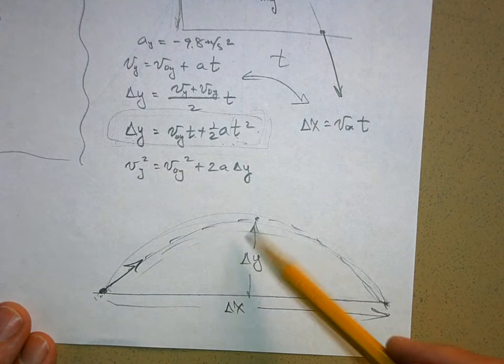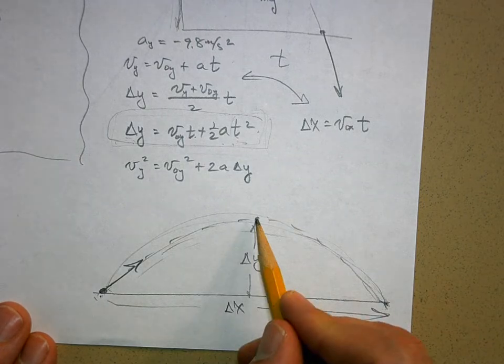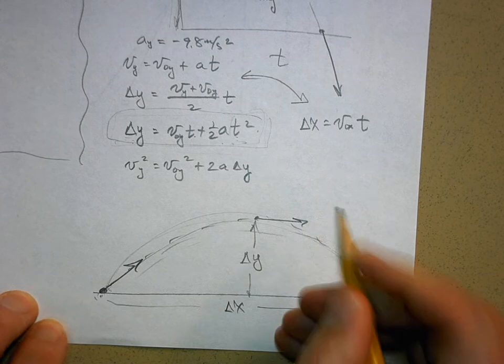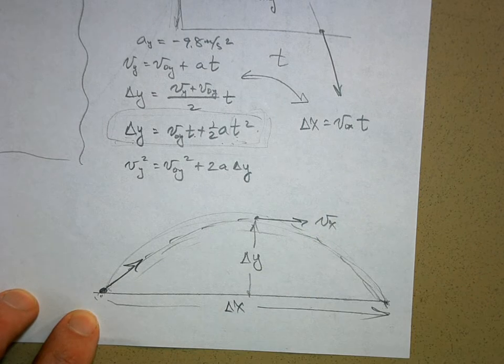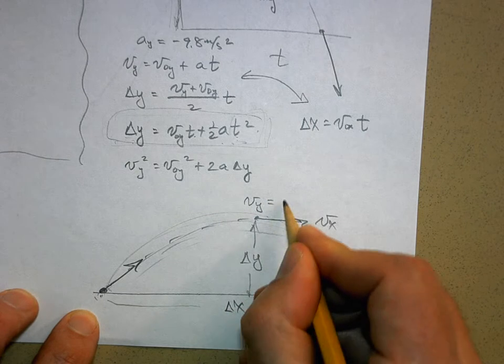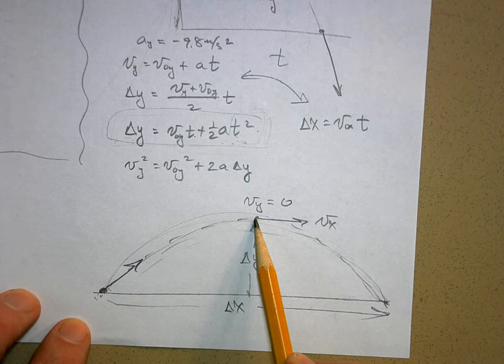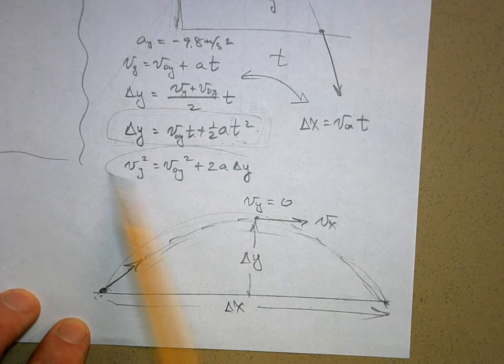Now, if you want to find delta y, its maximum height, well, you know that the velocity in the x is still there, right? But what's the velocity in the y right here? It's 0. The y component of the velocity at the top of the flight is 0. So that allows you to use the fourth kinematic equation to solve for delta y.